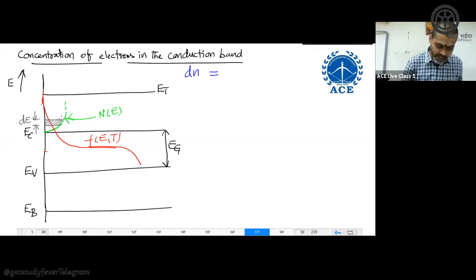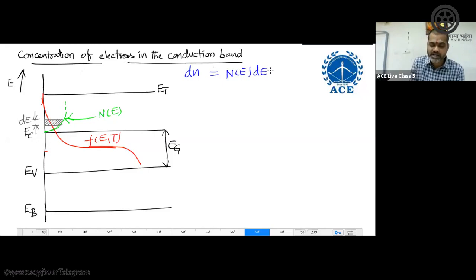Now, how many states are going to be present within this? You observe this dashed area is there, no? Total it is N of E, but I have considered only the energy interval dE. So how many are present? N of E into dE.